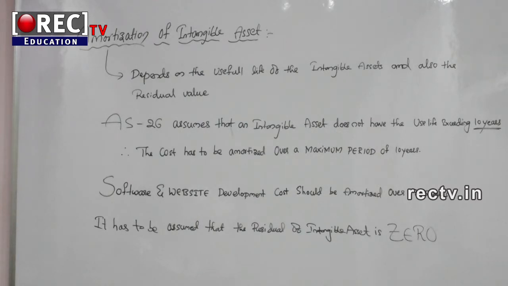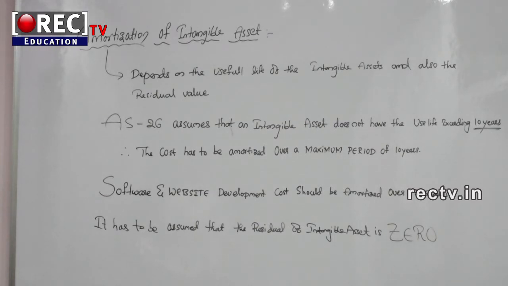Likewise, amortization of intangible assets is the same; amortization means depreciation. So you are taking the amortization amount from the intangible asset and throwing it into the P&L account. Like this, over a period, the intangible asset will come to zero balance.